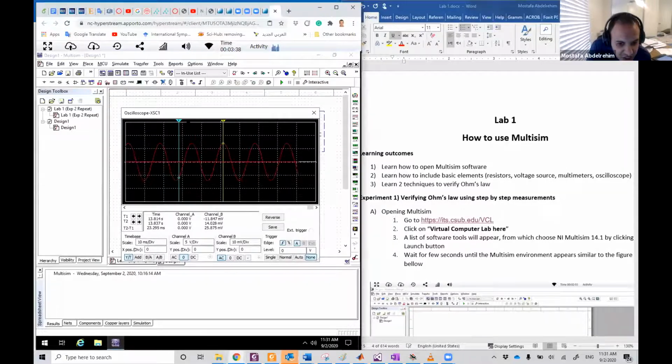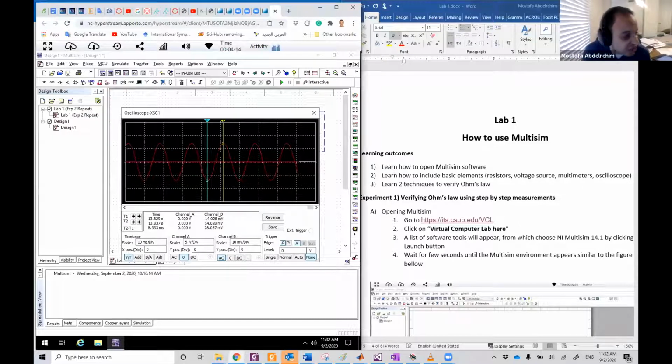And if I change this to the bottommost point on the curve for the peak, then this stops at minus 14 millivolt. So the peak-to-peak voltage on channel B, which is the voltage of the 1 ohm, is around 28 millivolt, which is 14 plus 14. Okay.